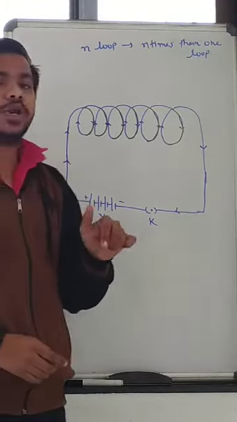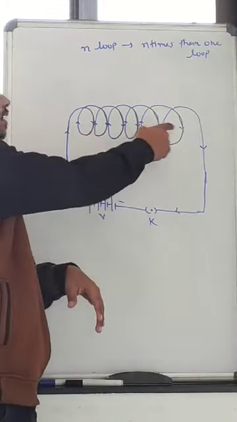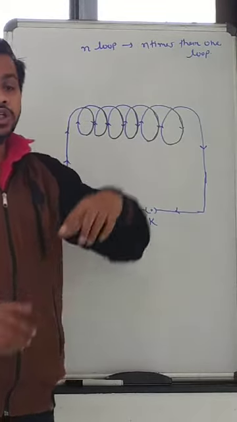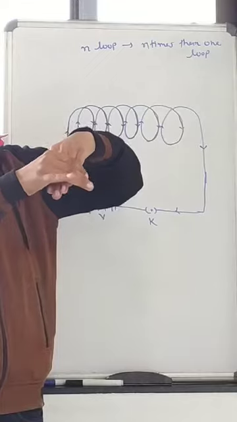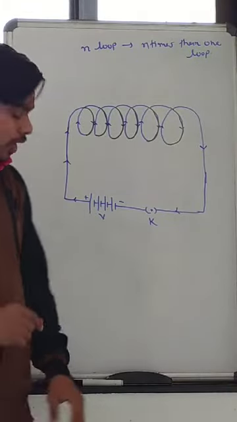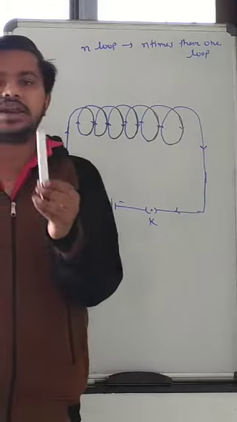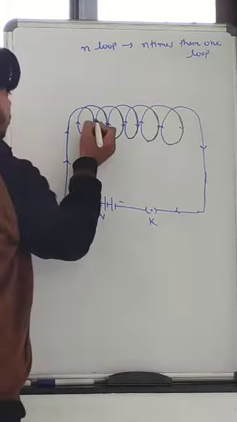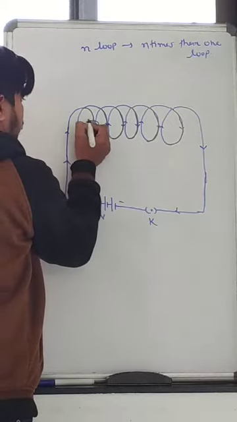So the magnetism produced on the outside is the same, and inside it is also the same, right? So for the magnetism produced here, if we apply the right hand thumb rule, then according to it, the current is in a downward direction, so the magnetism is like that. So the magnetism produced is in this direction.